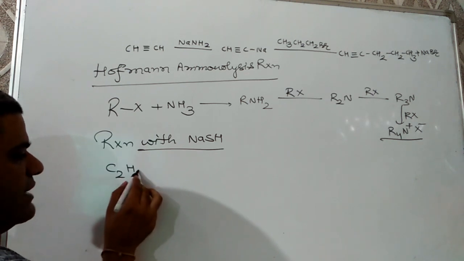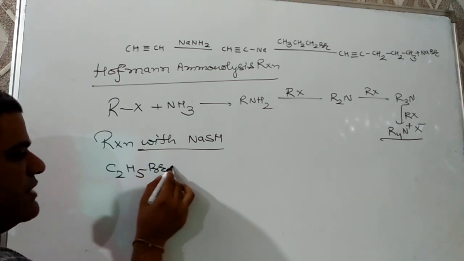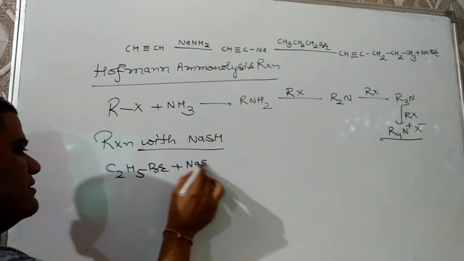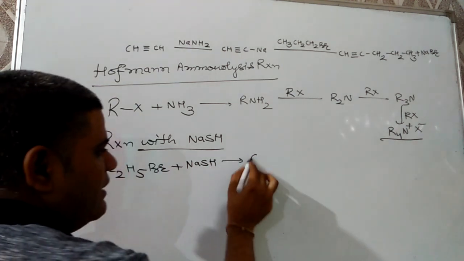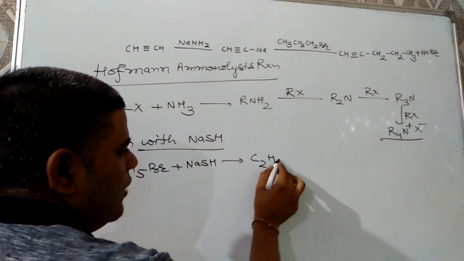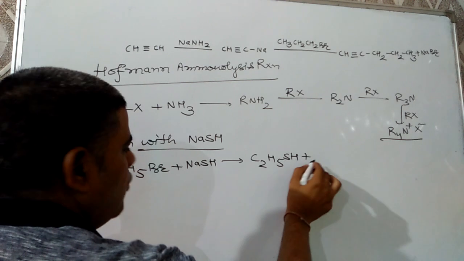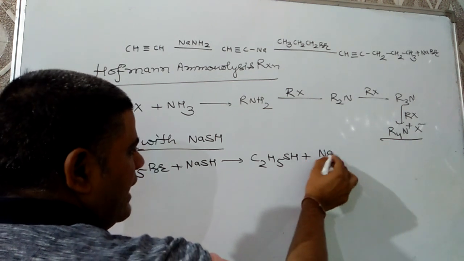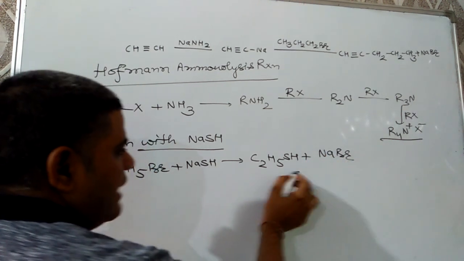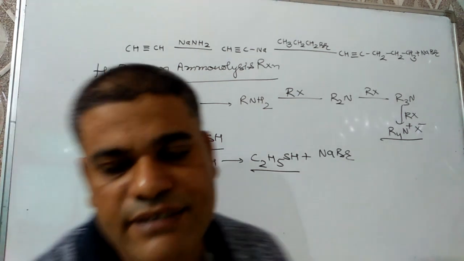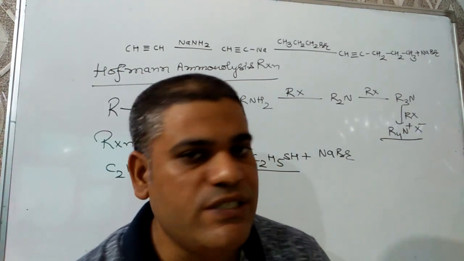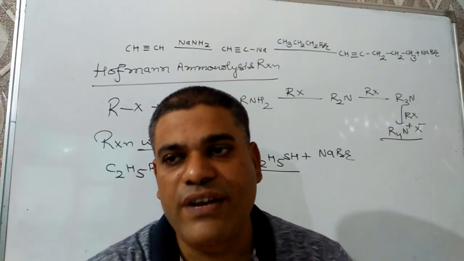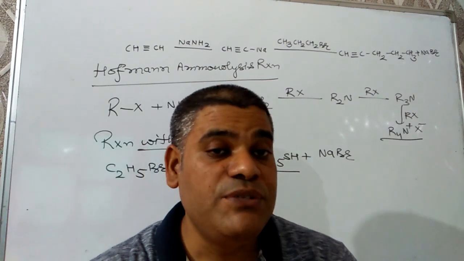Suppose chloroethane reacts with sodium bisulfide, then the product will be ethyl thioalcohol, or ethyl mercaptan, and this compound is used in LPG to detect its leakage because it has a foul smell. With this, we finish the nucleophilic substitution reactions.